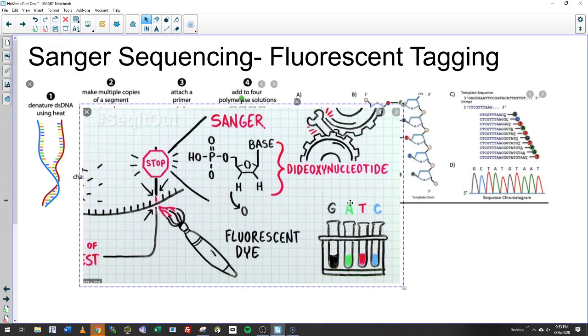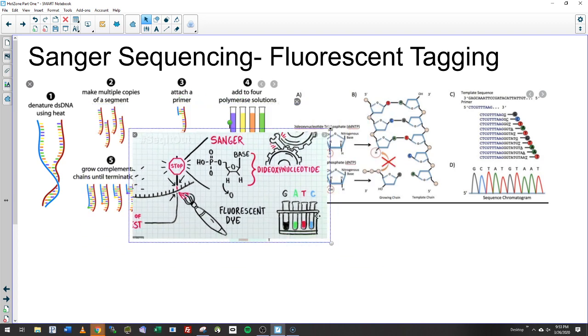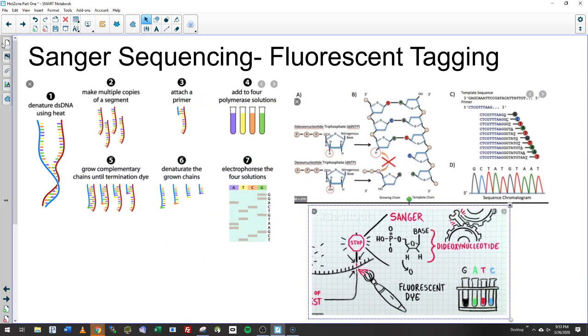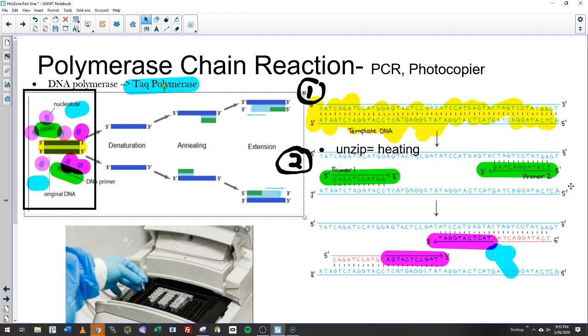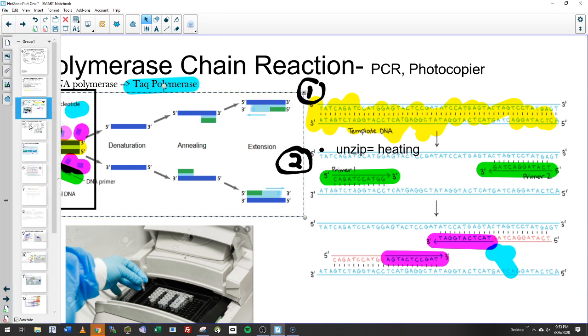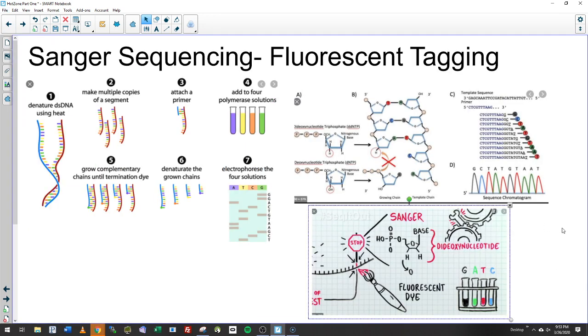Okay, they are going to be adding 4 specific solutions into the mix. Do you remember during PCR, they put the nucleotides in? They put in the nucleotides that we needed in order to build this. These are regular nucleotides. And regular nucleotides, when they are being built, can be strung together along the phosphate backbone. They're able to be covalently bonded.